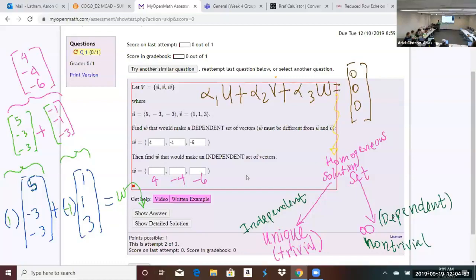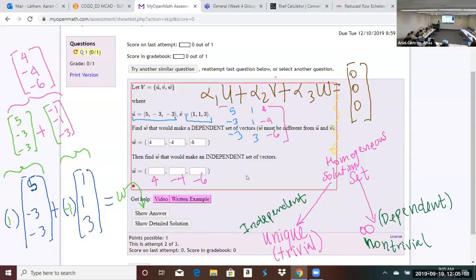You could form an augmented matrix with this as the first column, this as the second column. So you could say I have 5, minus 3, minus 3, then 1, 1, 3, and then the last column, 4, minus 4, minus 6.